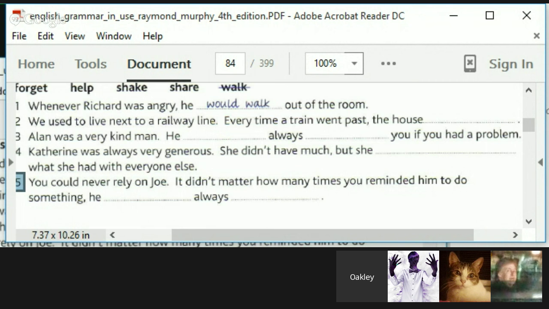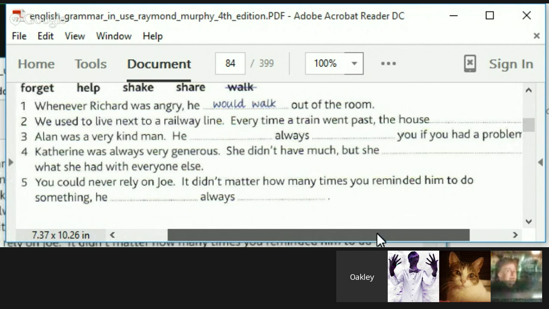Okay, Ken, last one here. You could never rely on Joe. It didn't matter how many times you reminded him to do something, he would always forget. Hey, Joe, have you sent that email?